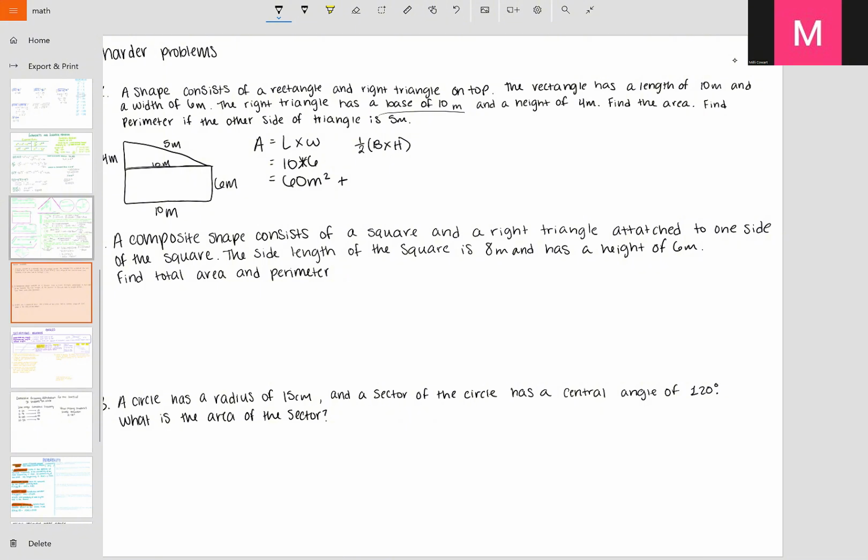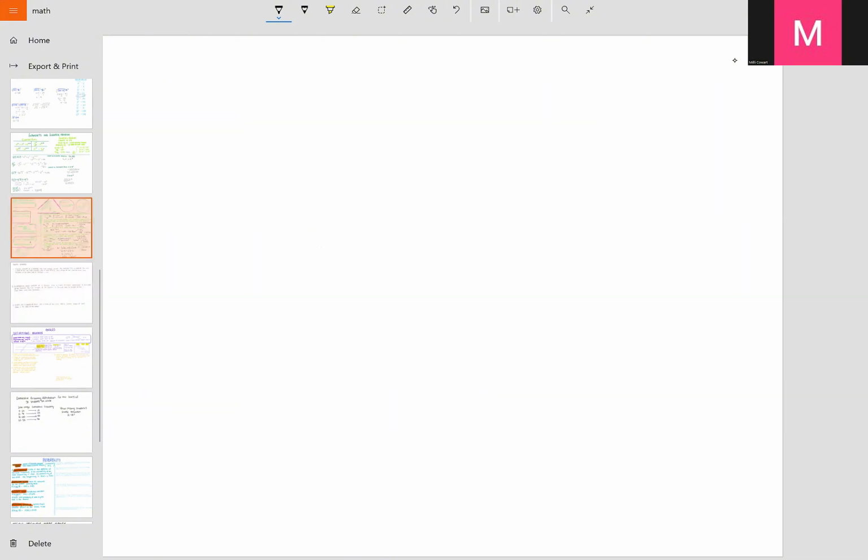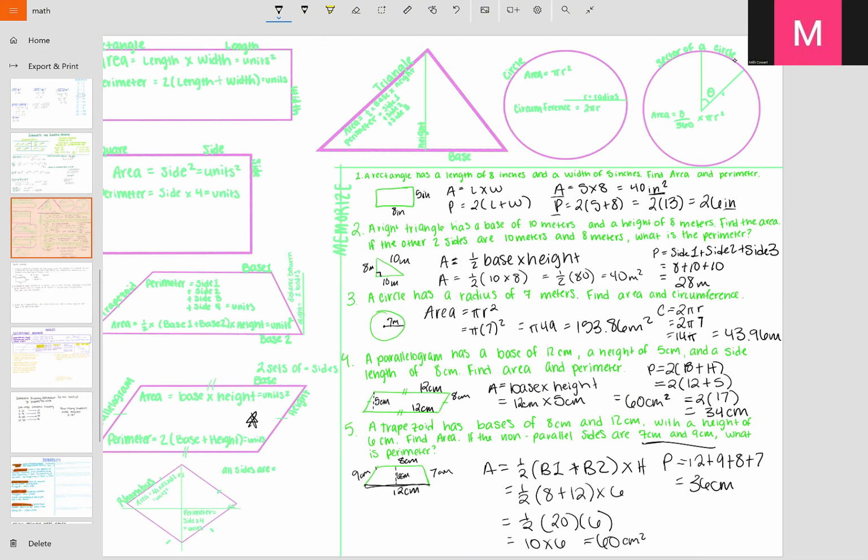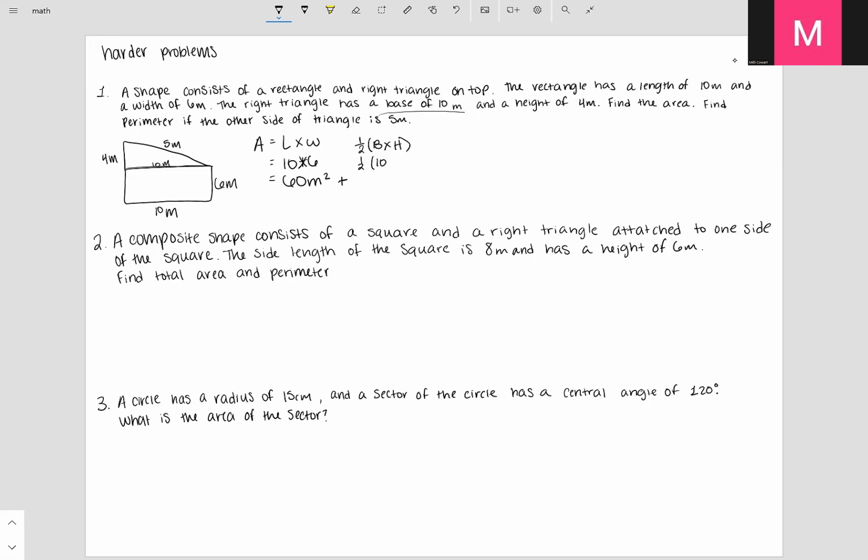Let's go back and check, make sure that's right. Yes. 10 times 4 is 40, and half of that is 20 meters squared. So our area equals 80 meters squared total.